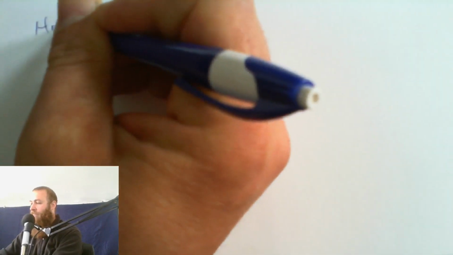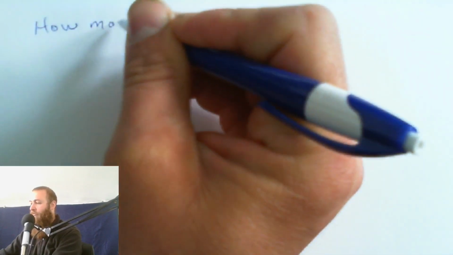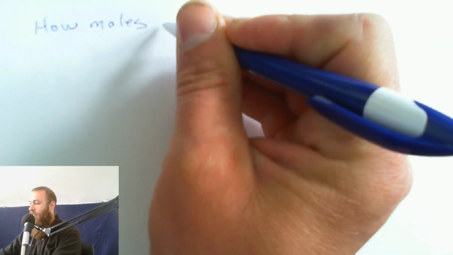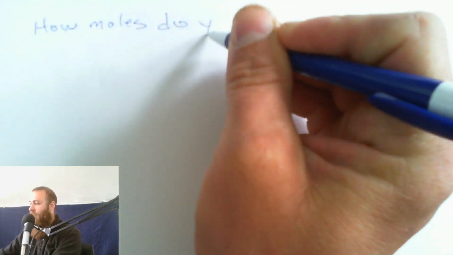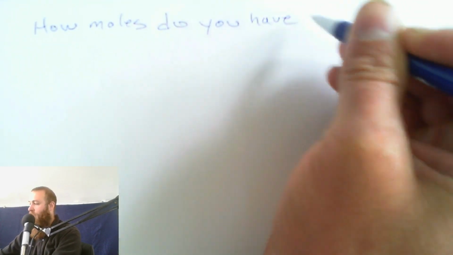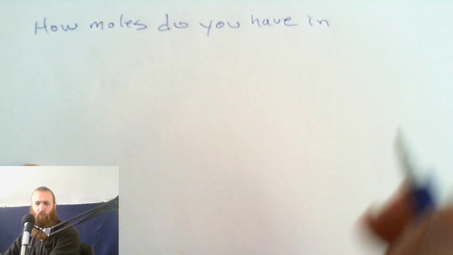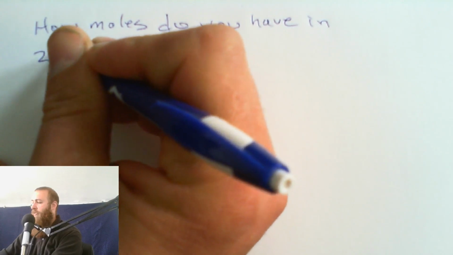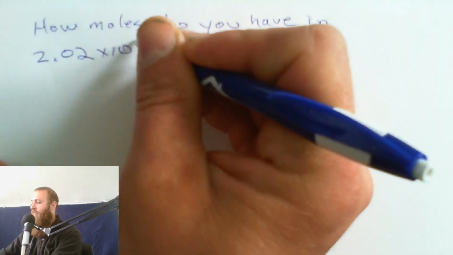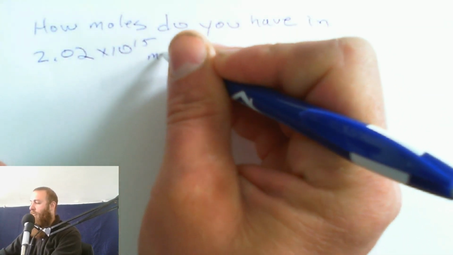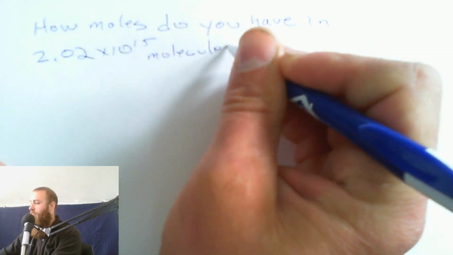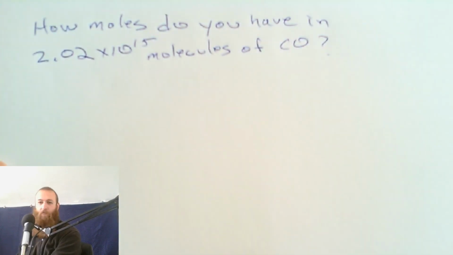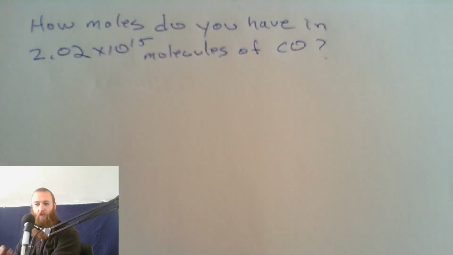How many moles do you have in, let's go nuts here, 2.02 times 10 to the 15th molecules of carbon monoxide? All right, so there's your new question.